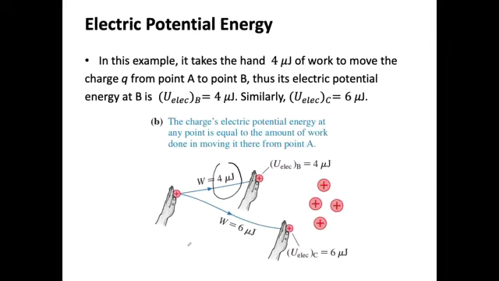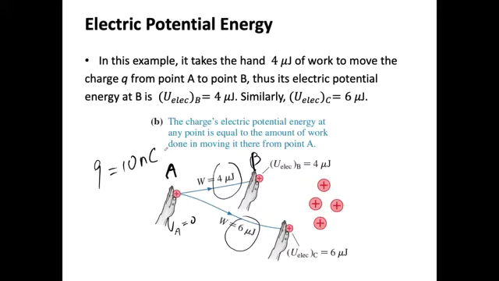And I need to do 4 microjoules of work to move the charge from A to B, and I need to do 6 microjoules of work to move the charge Q from A to C. So of course, my UA is 0, so my UB, the electric potential energy at B, is 4 microjoules. The electric potential energy at C is 6 microjoules. And this is for charge Q equals 10 nanocoulomb.